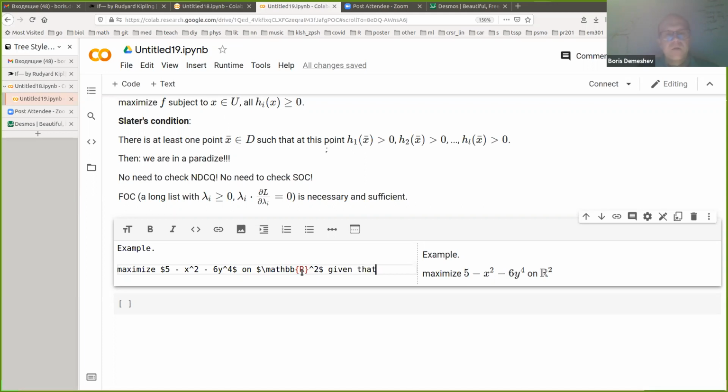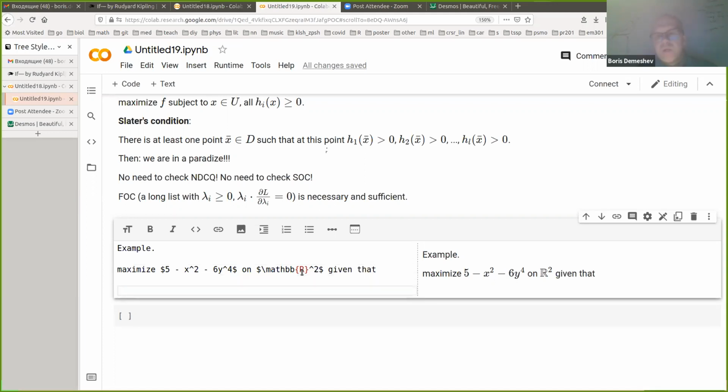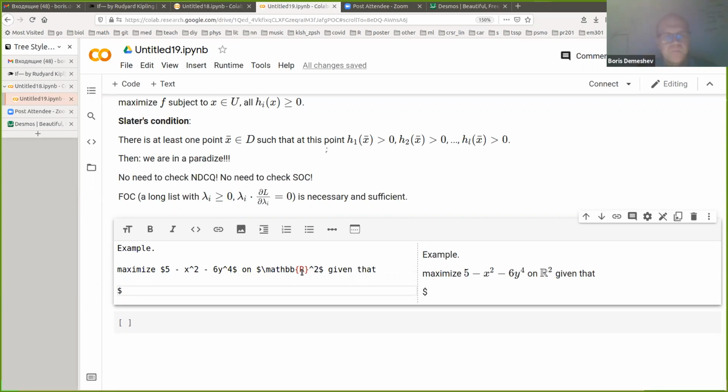Given that, I'll give you some inequality constraints.